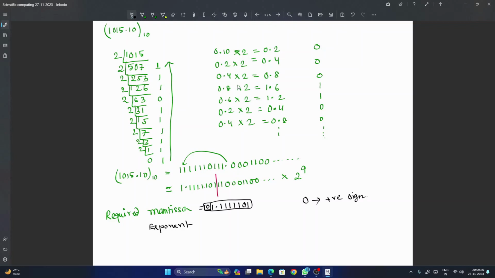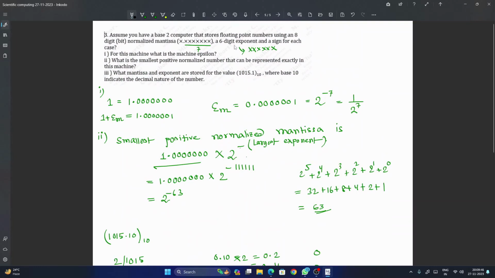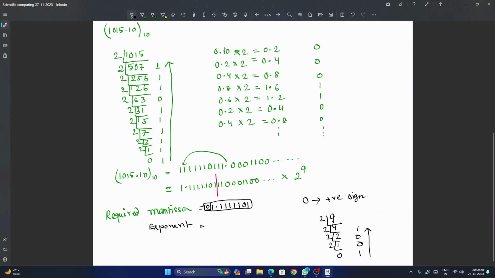And in the exponent format, you will use just this 9, so 2 to the 3 is 8, plus 2 to the 0 is 1, so it is 1 0 0 1, but the space allocated here is 6 bits, so you have to put 2 zeros before that number.